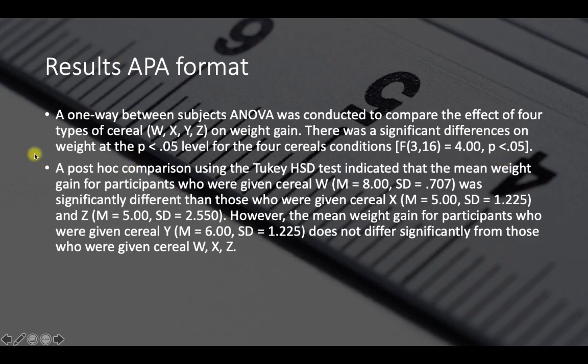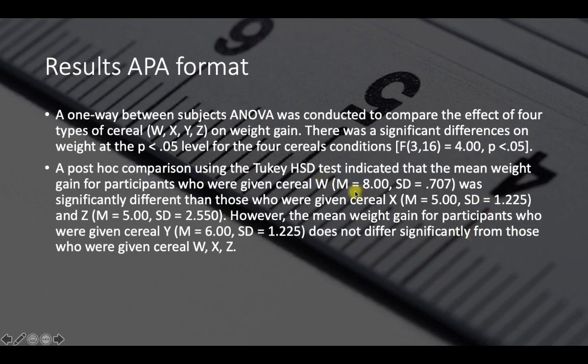And then after you have run the ANOVA, since it is significant, you need to run the post hoc comparisons. You need to identify which post hoc you ran. Indicate the mean weight gain for participants, actually, it's not participants, actually it's mice, who were given serial W equals to, you have to write out the mean as well as the standard deviation.